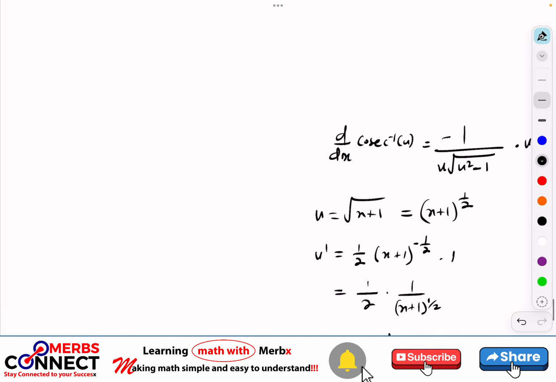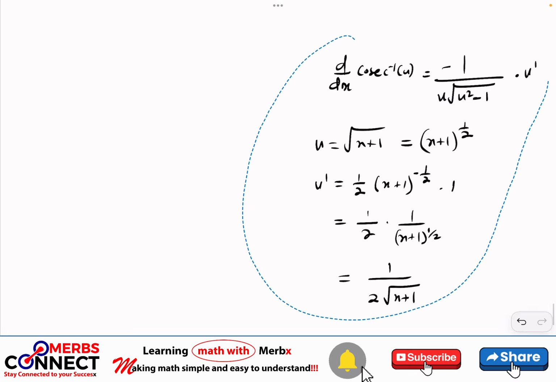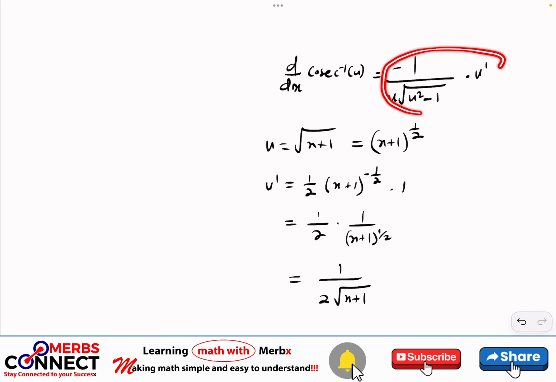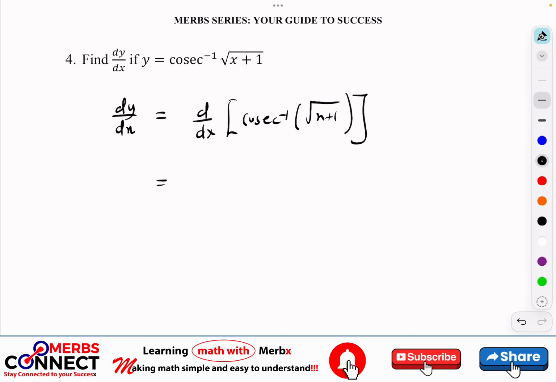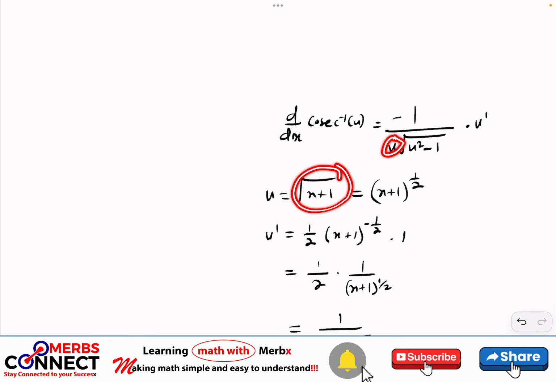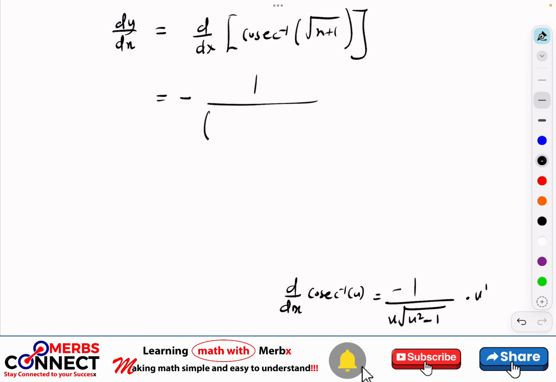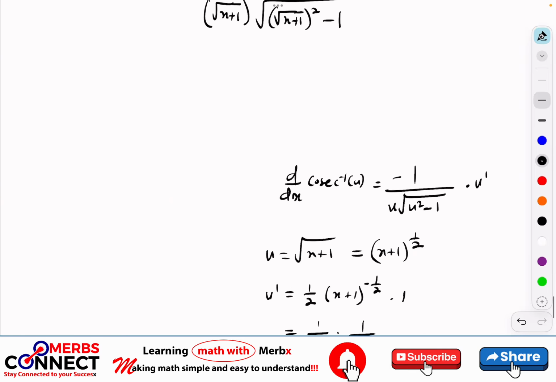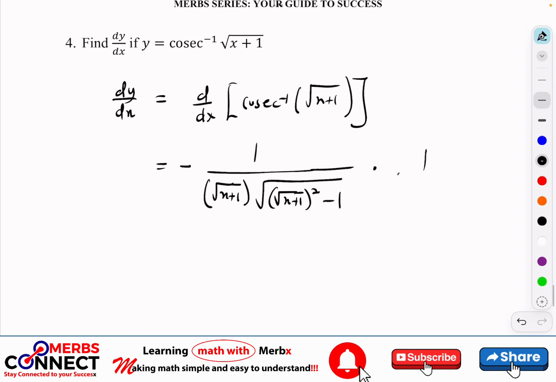So we are just going to use this formula here. We substitute u and then u prime. So this is minus 1 divided by, we have a u here, let me put it inside parentheses, square root of x plus 1 squared, which is our u, minus 1, times u prime, which is 1 divided by 2 square root of x plus 1.